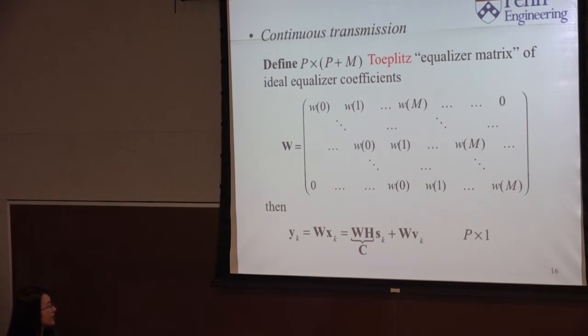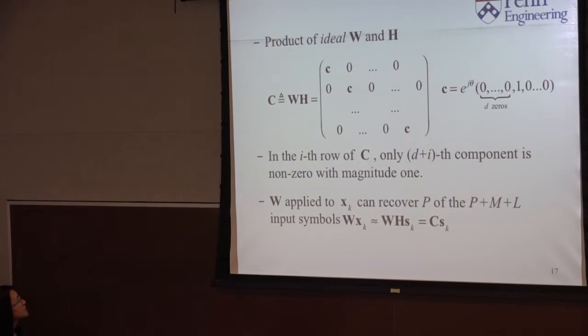And C is defined as the multiplication of the equalizer matrix and the channel matrix that contains the impulse response of the channel vector. So ideally, C should have this form. It contains the cascaded response in each row, and the ideal response of the cascade system is of this form, which means in each row there is only one non-zero element.